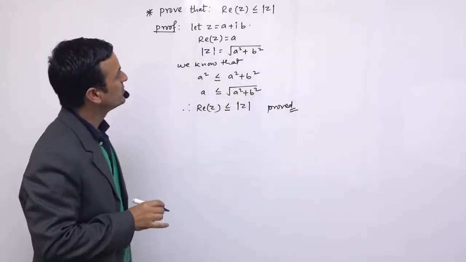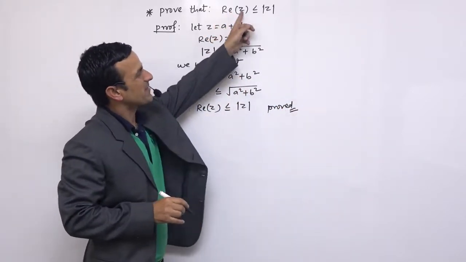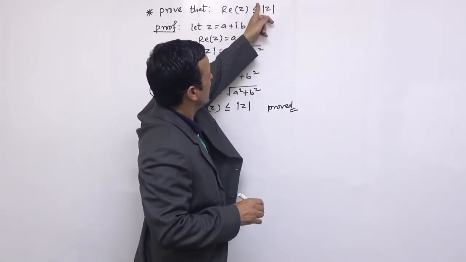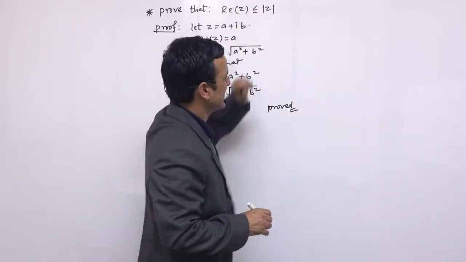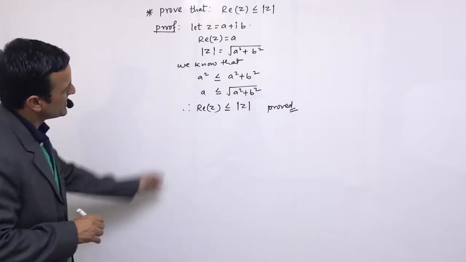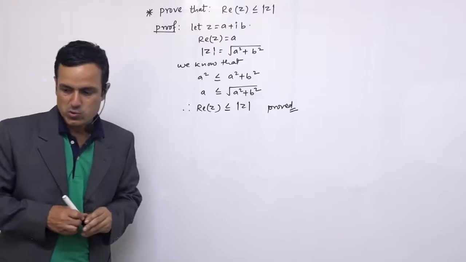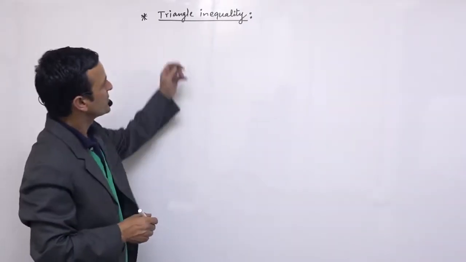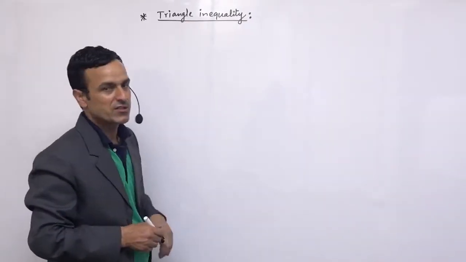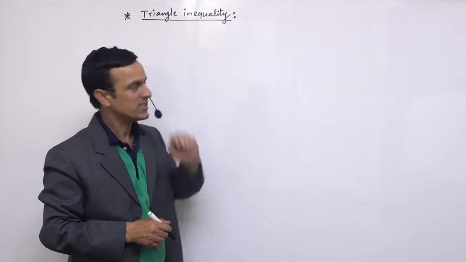Similarly, we can prove imaginary part of z is less than or equal to modulus z. In the same process, we can find out another result. We have another property of complex numbers. This is the triangle inequality.